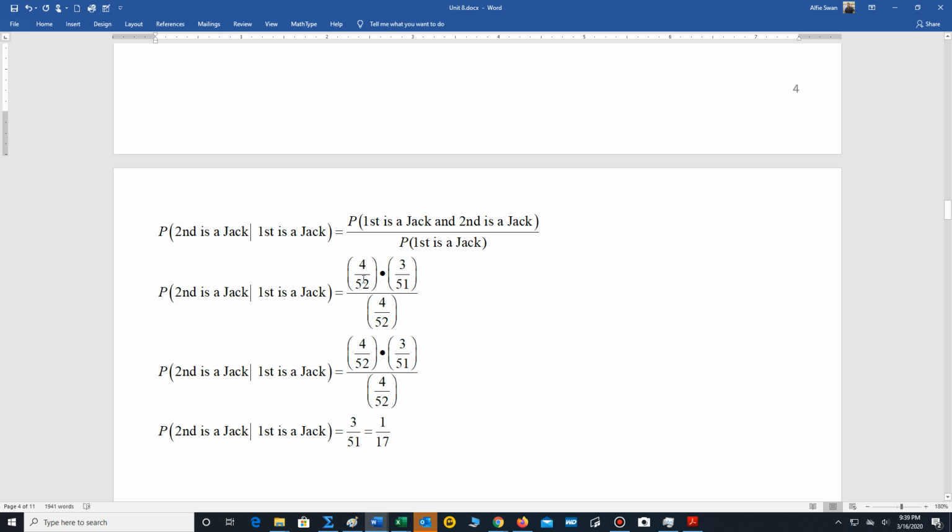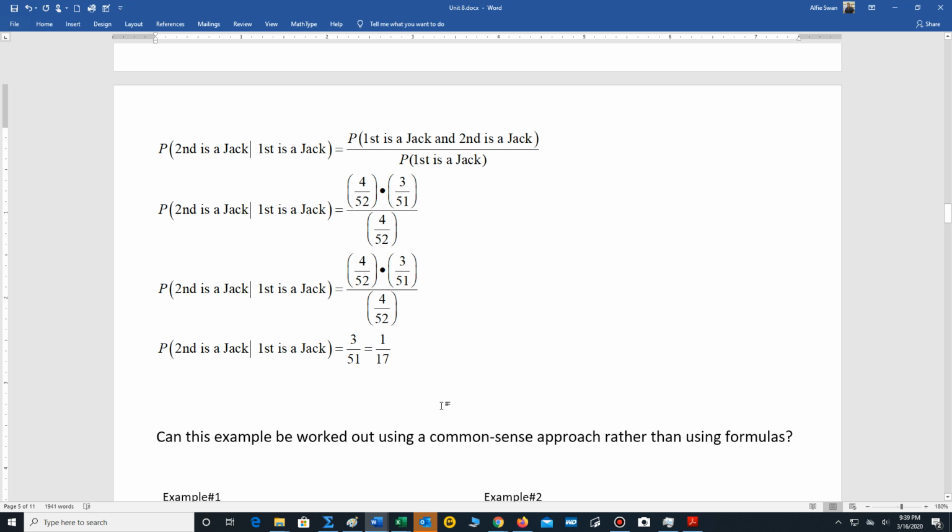First card is a jack, 4 out of 52. That card is removed. Second card is a jack, 3 out of 51. Then the probability that the first card is a jack is 4 out of 52. These values divide each other out, so you'll be left with 3 out of 51, which reduces to 1 out of 17.